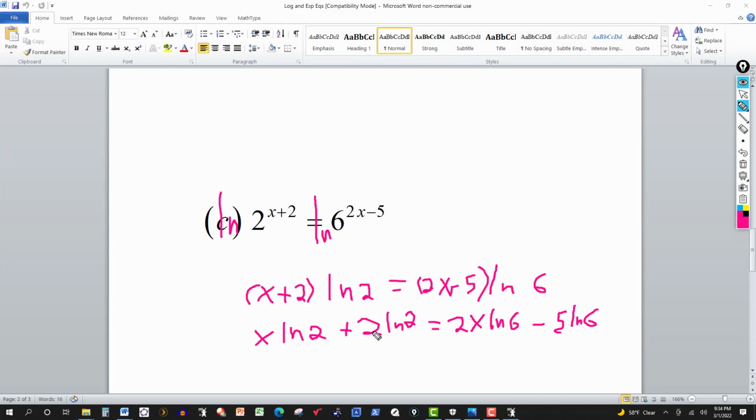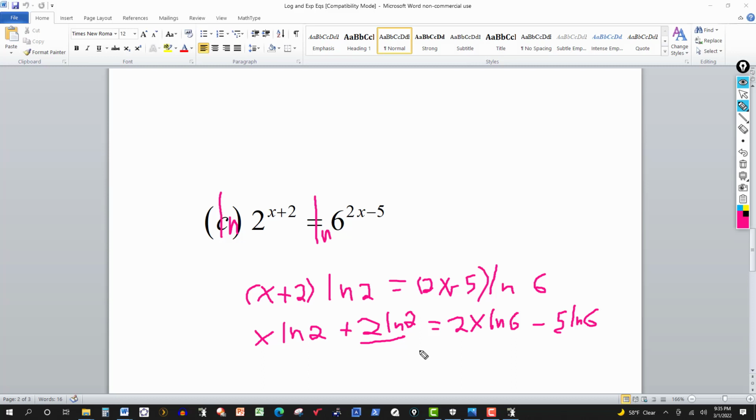Now I could rewrite this 2 ln of 2 as ln of 4 if I wanted to, because just like an exponent becomes a coefficient, the coefficient can become an exponent. But let's just go ahead and leave it like that.